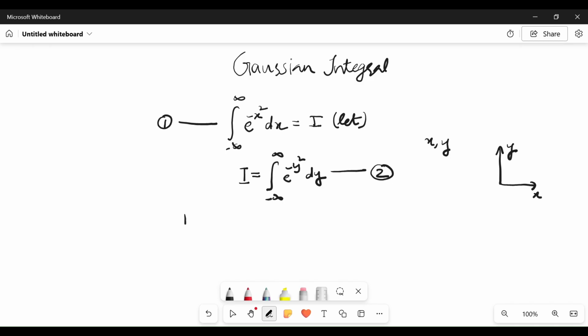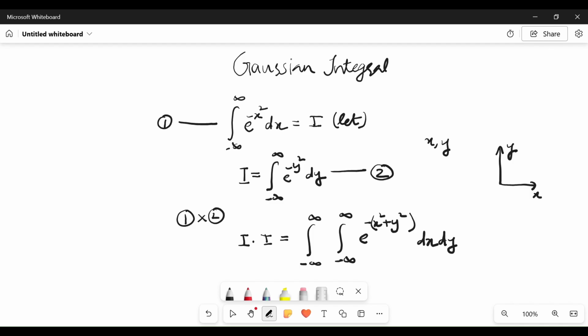I'm just multiplying these two, and this will give I into I, which is equal to the integral from minus infinity to infinity of e raised to minus (x square plus y square) dx dy.